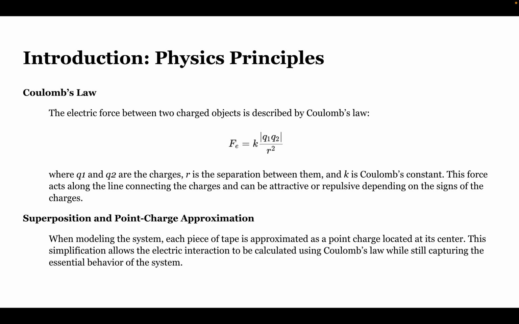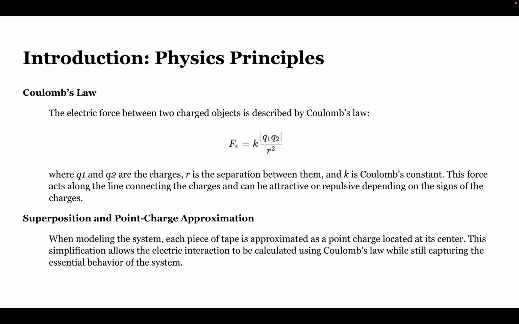So, introduction to physics principles. Similar to Lab 1, we have Coulomb's law: K, the electric constant, times the two charges that we're looking at, over the distance squared. So it's the electrical force between two charged objects.